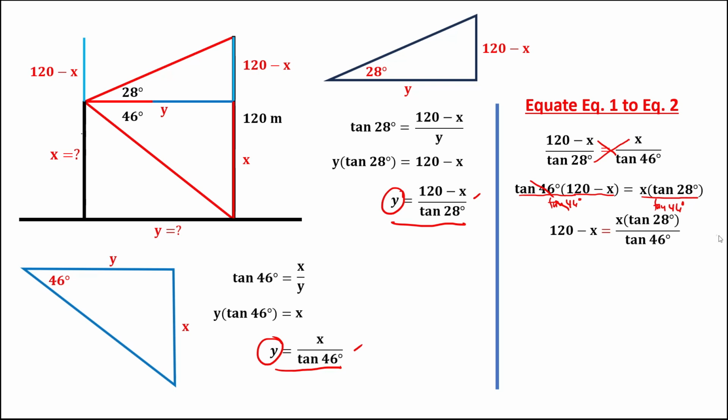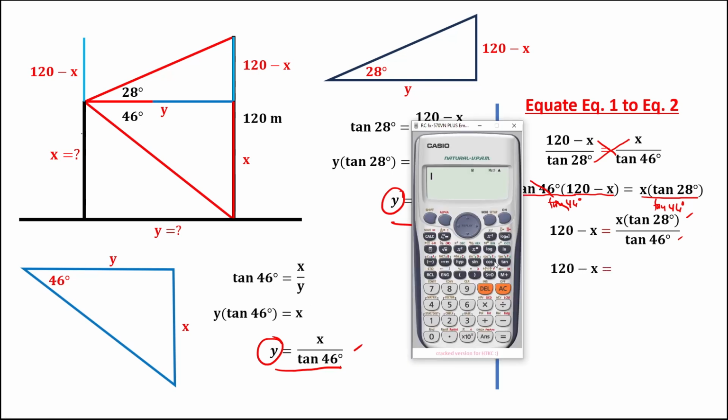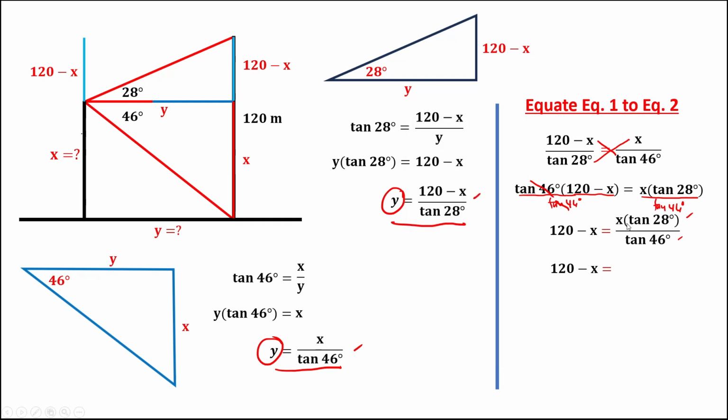Then to find the value of tangent 28 degrees over tangent 46 degrees, we have tangent 28 degrees divided by tangent 46 degrees equals 0.51. So this is equal to 0.51x.